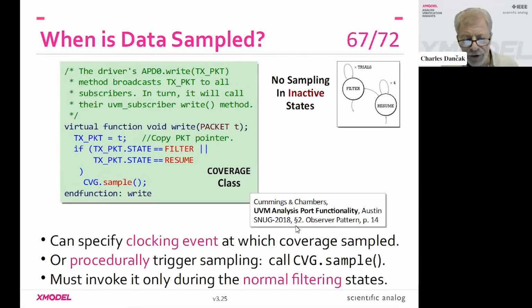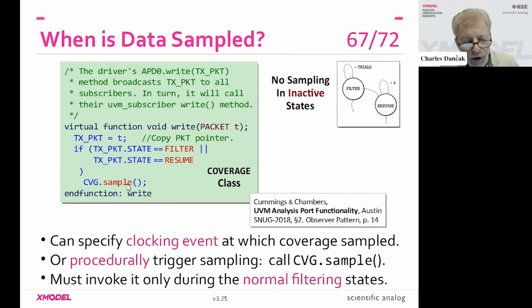But first, let's answer a common question. When during the clock cycle are these values like fint or mode actually sampled? Well, since we have seamless integration with SystemVerilog, there are various ways you could do this. You could, in the cover group, specify a clocking event and then have the sampling done automatically.